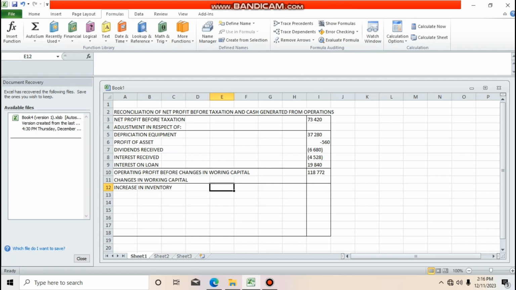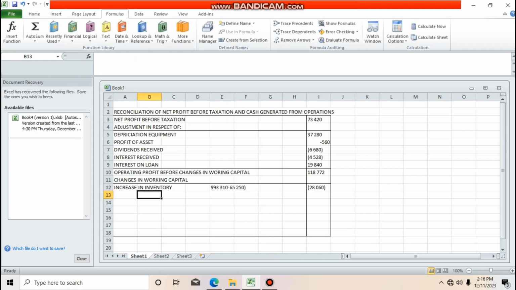So in order for us to get the difference, we're going to open the bracket. Let's say 93,310, you less 65,250. So we have negative, because if it's an increase, we're going to have an outflow of cash.